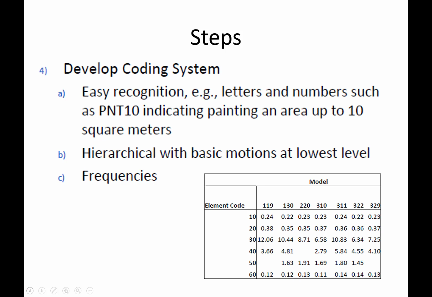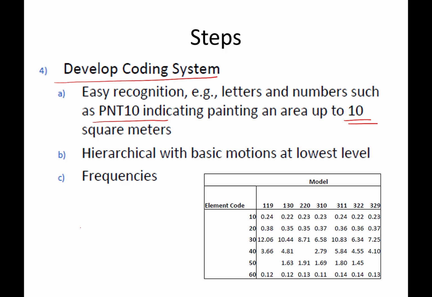It is required that some kind of coding is done so that the database can be effectively used. So develop a coding system so that it can be easily identified and recognized. Say just for painting of different areas, a time can be established. So paint 10, indicating painting area up to 10 mm square.